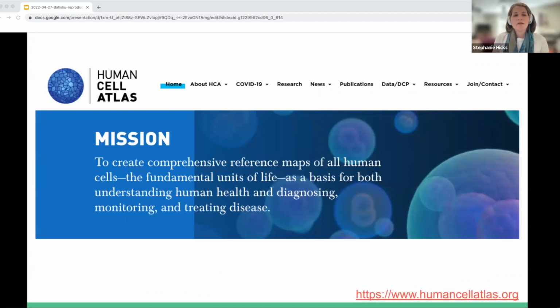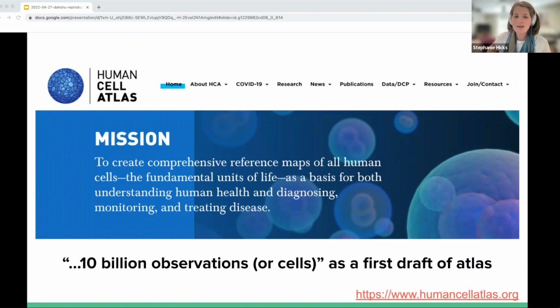Okay, so the Human Cell Atlas is a worldwide organization with a goal to create a comprehensive reference map, or atlas, of all cells in the human body. It's a really great goal, and there's been a lot of progress made to date. In 2018, they released a white paper stating that they had a goal of at least 10 billion cells or observations as a first draft of this atlas.